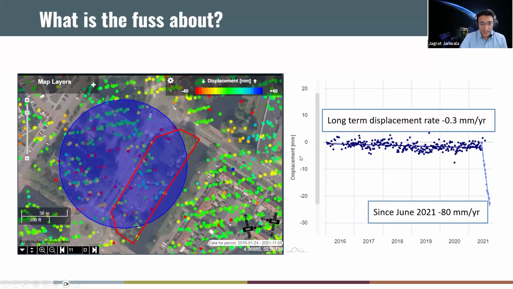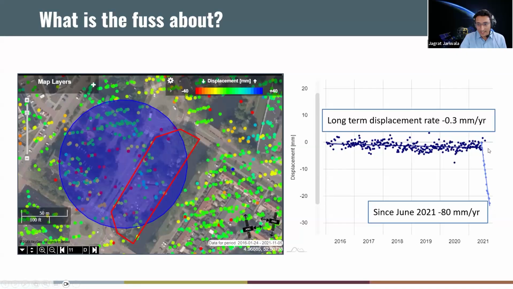This graph is displacement versus time series. The construction dispute happened in 2021. Folks started complaining about pavement settlements in mid-2021. So using InSAR, folks were able to go back in time, figure out how much the baseline movement estimates were, which you can see are nothing.